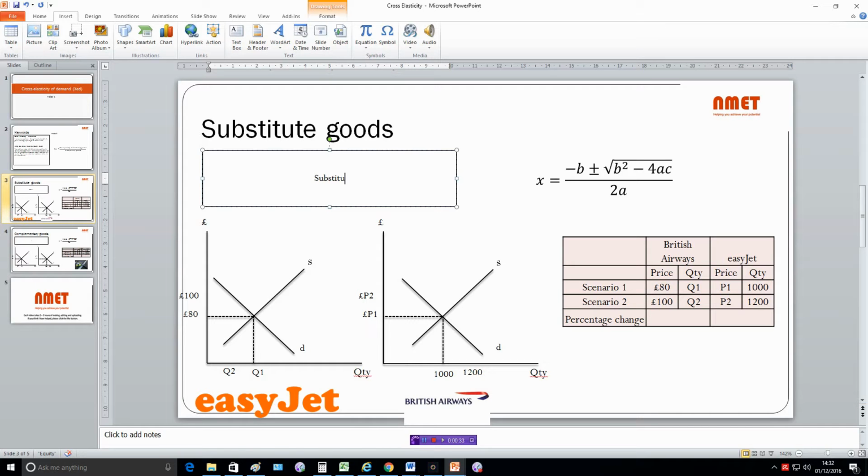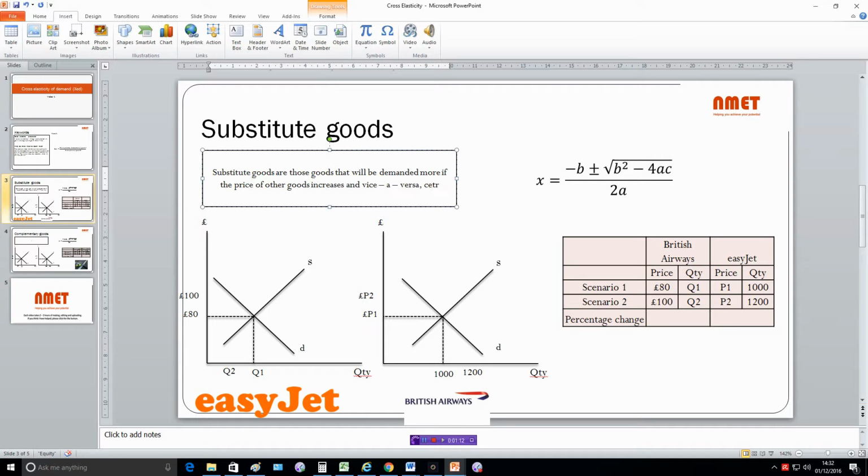Substitute goods are those goods that will be demanded more if the price of other goods increases, and vice versa.